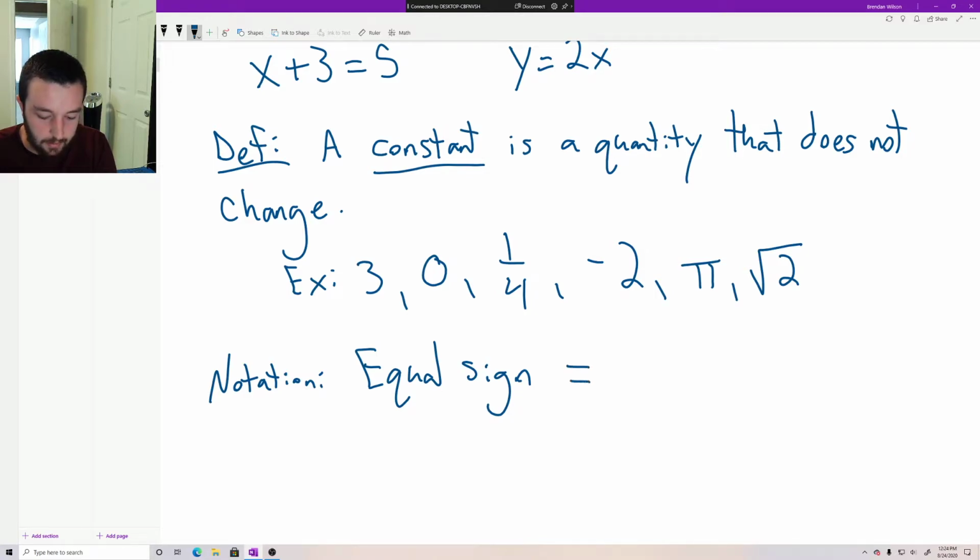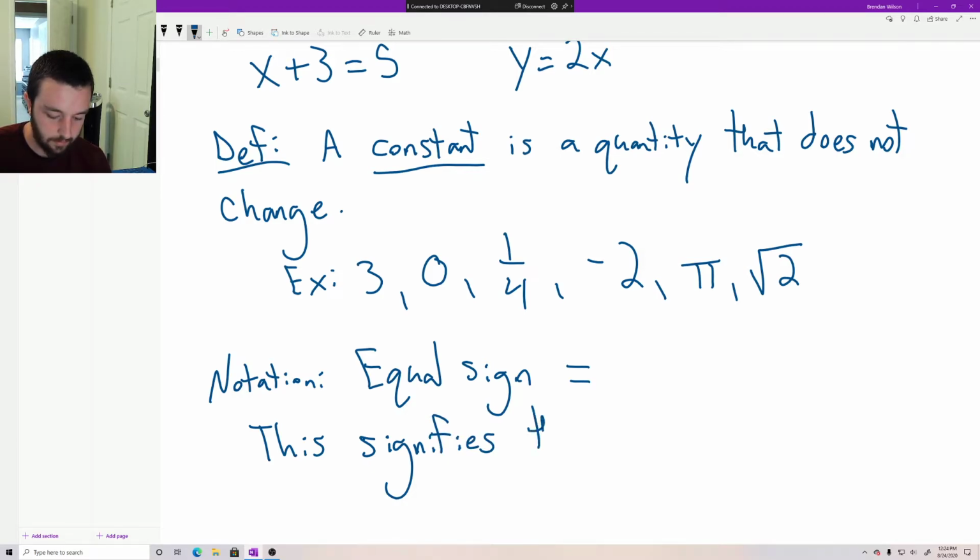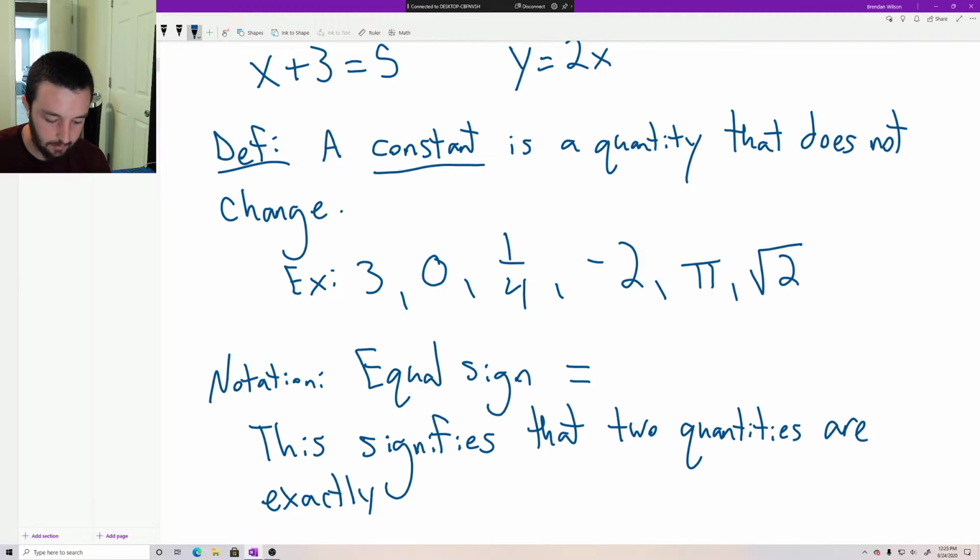So the equal sign, which looks like this, which we've used before in the first chapter. But what this really means is that two things have the exact same quantity. So this signifies that two quantities are exactly the same.